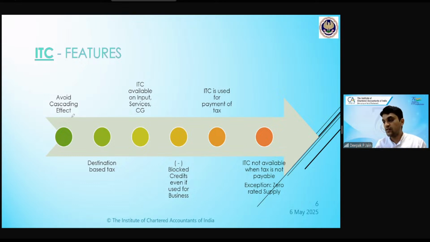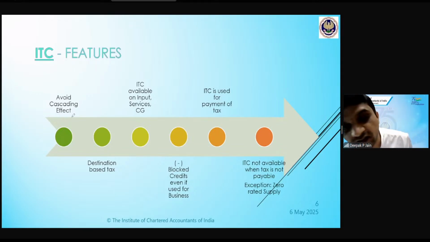Wherever the goods move, ITC also moves. So ITC moves along with the goods when you supply something and it reaches the customer, because the supply is made from your end to the buyer. The buyer, wherever he is, should get the credit. So input tax credit also goes based on the destination.